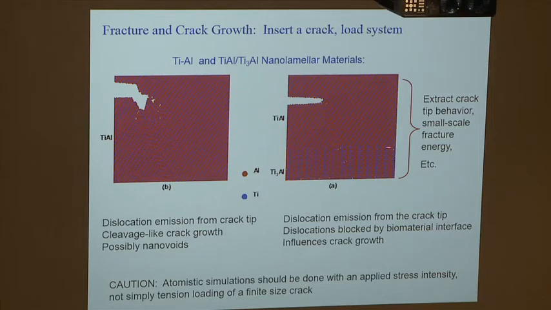That defect is interacting with another defect, which is this boundary between the 2 materials, and you can capture all of that behavior and try to extract out what's going on at the small scale that either blunts the crack or makes the crack extend. Okay? So it's this interaction of defects at different levels that's valuable about atomistic studies.